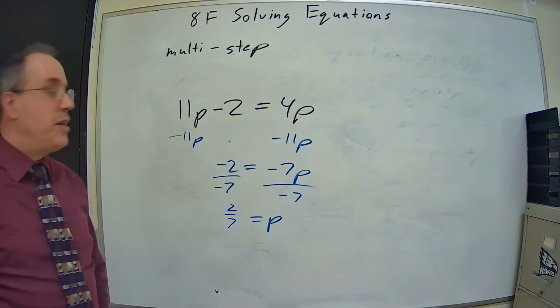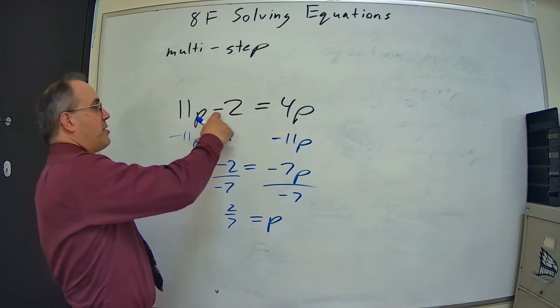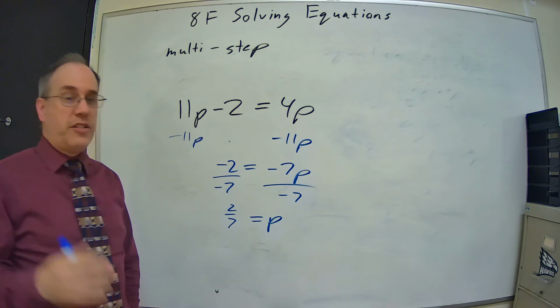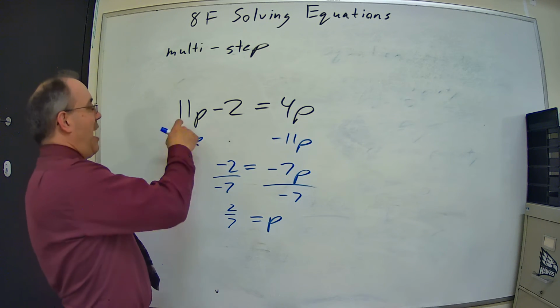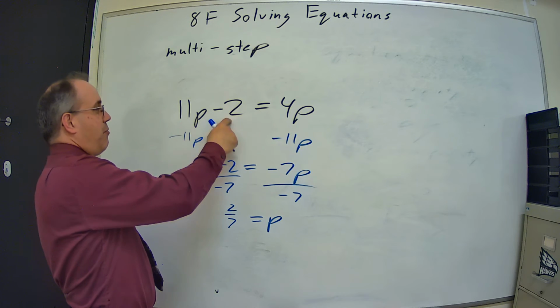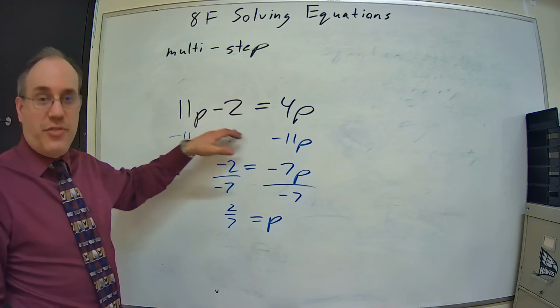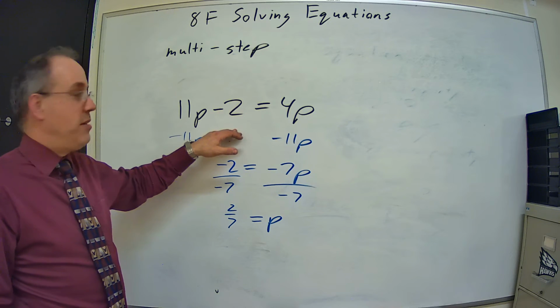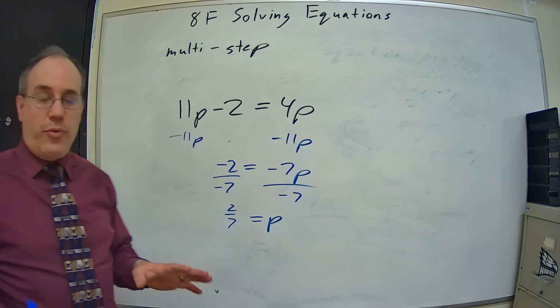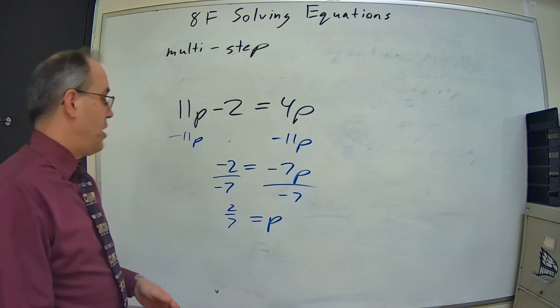So that's where you have to be careful. Just because they're combined by subtraction doesn't mean you add. You say, how is this combined with that? Well, this 11p is being added to that negative 2. And we talked about that when we were dealing with combining like terms.